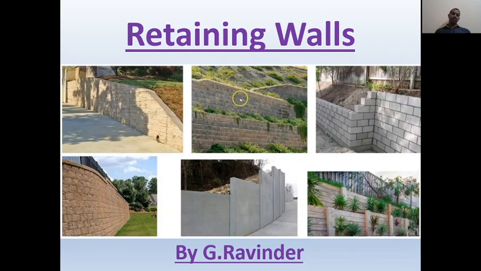You can also observe them in flyovers, where the approach road has piers in the middle and at both sides of the approach roads you will see retaining walls. In earlier days it was just like in the picture, a stone masonry wall or a concrete wall.